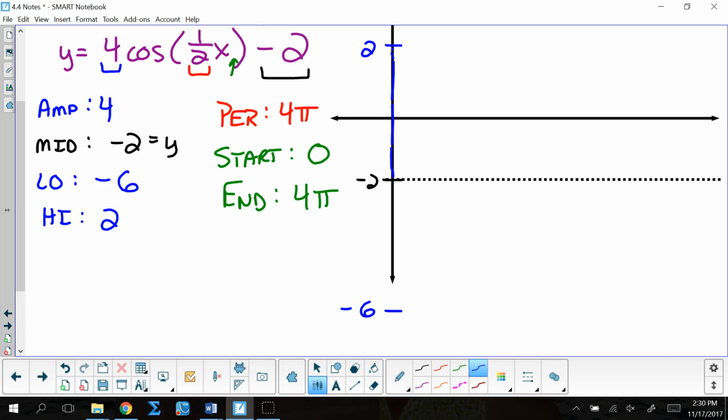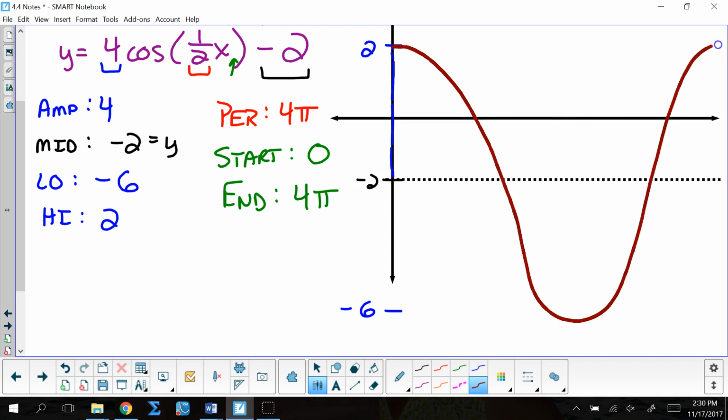This is a cosine curve with a positive a value. So it's going to start up at the top, come down to the bottom, go back up to the top. So now my middle point would be here. My ending point would be there. So that would be 4 pi there, 0 there, which makes 2 pi there.